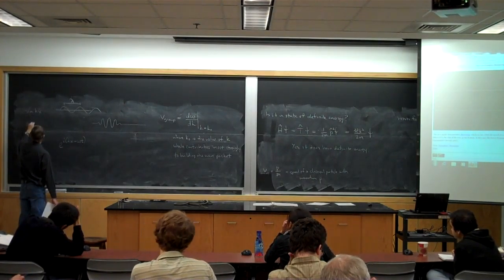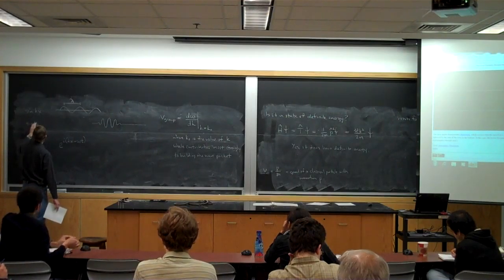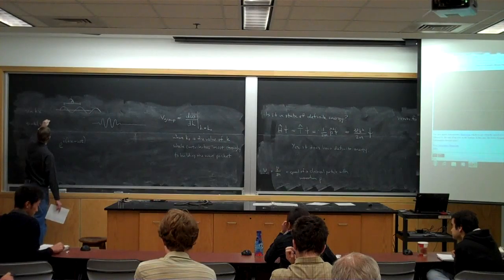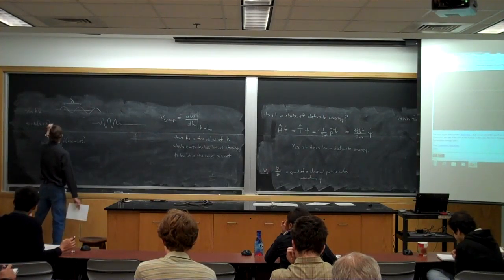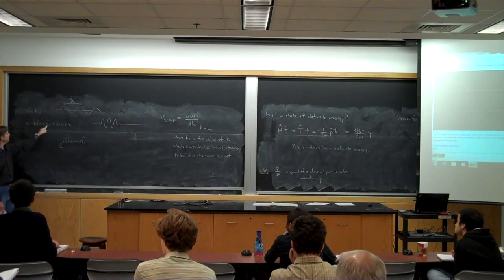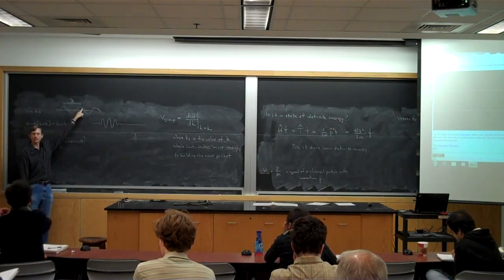Because the sine of k(x plus lambda) has to equal the sine of kx. If I've gone through one wavelength, I have to be back where I started again.